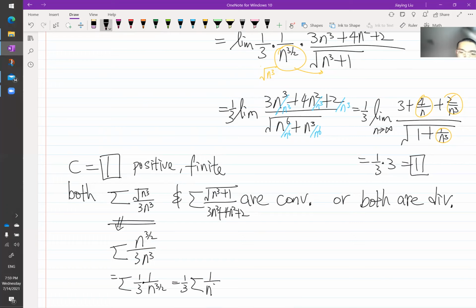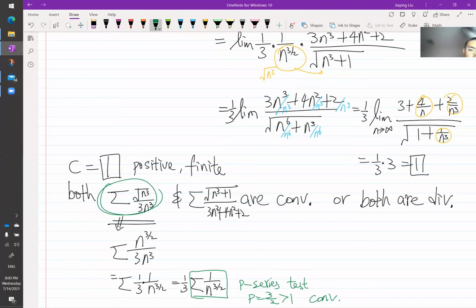You get 1 over n to the 3/2. And in this series, you can apply the p-series test, which is p equals 3/2. So that's greater than 1, so it's convergent. Which means that this series that I picked by using the leading terms of the denominator and numerator is convergent. Since both are convergent, therefore the one I'm looking for is also convergent.